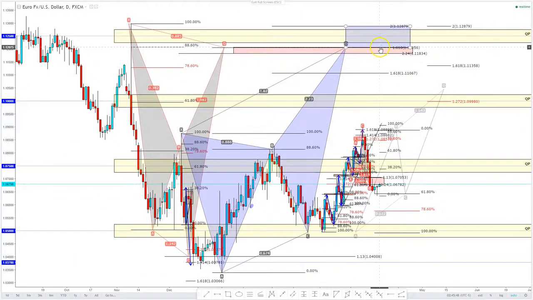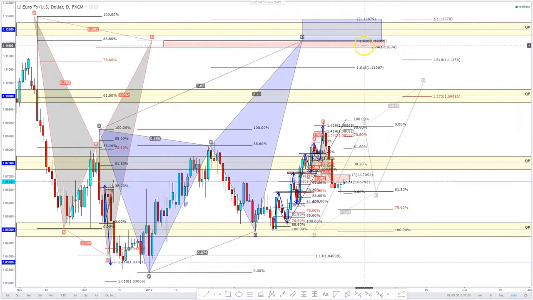An ideal would be just to tap this 1.618 right here of this deep bearish crab, I think. Yeah, it was a deep bearish crab, 1.618 extension. And then this a shark right here, and we have the 88.6 lining up.